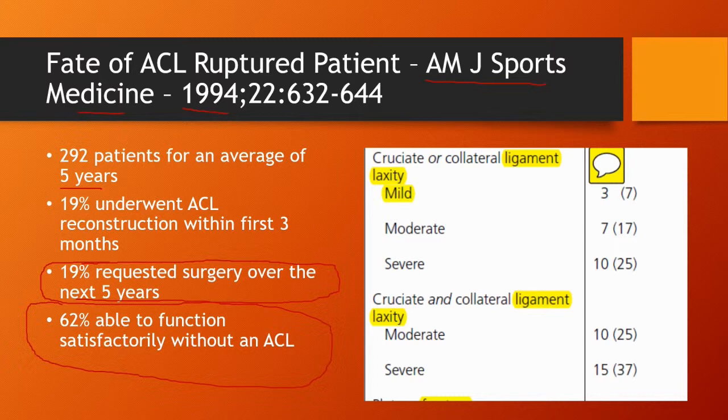And the reason these patients did so well is because the dynamic structures, the muscles that cross the joint, are able to compensate for the passive restraint provided for by the anterior cruciate ligament. So if you think about it, the primary function of the anterior cruciate ligament is to resist anterior translation of the tibia on the femur.